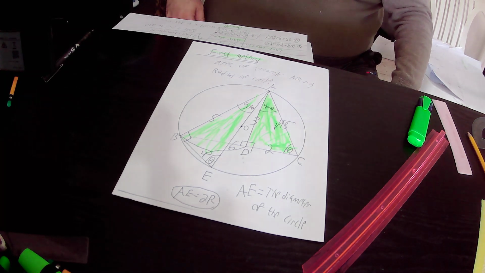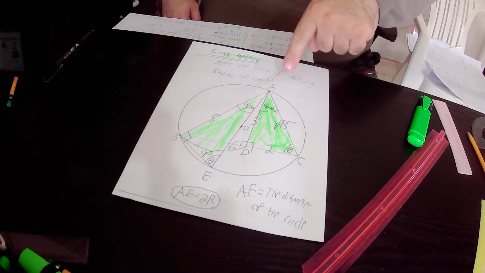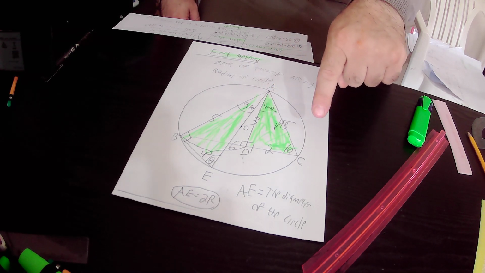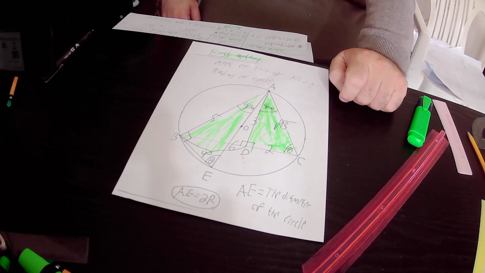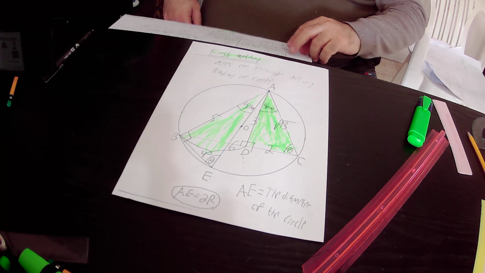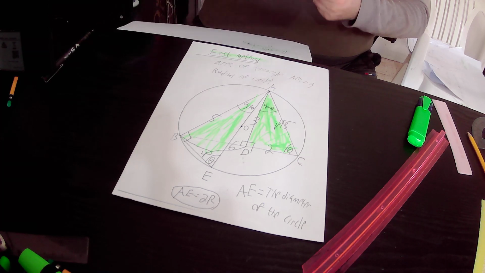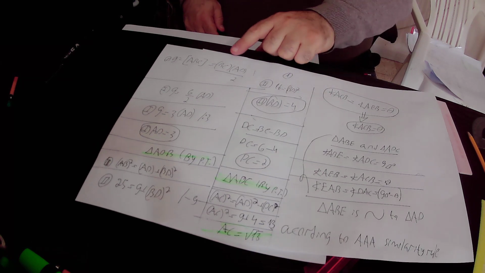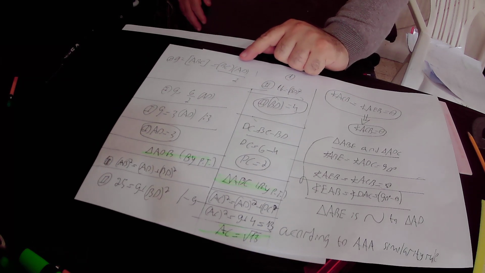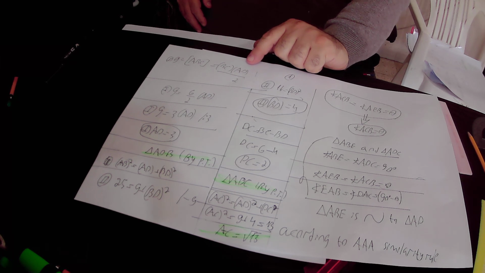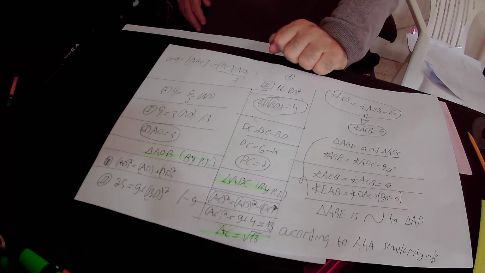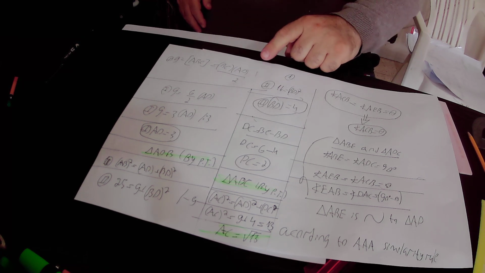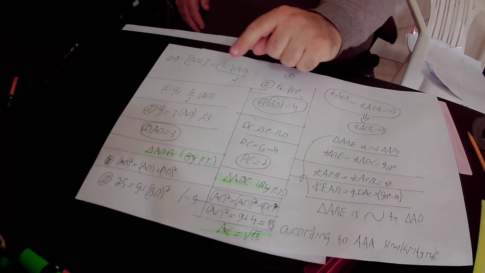Then we define the touching point of the perpendicular from point A and BC as D. We know that the area of triangle ABC equals 9 square units, and the area of any triangle is the base, that is BC, times the height to the base, that is AD, over 2.